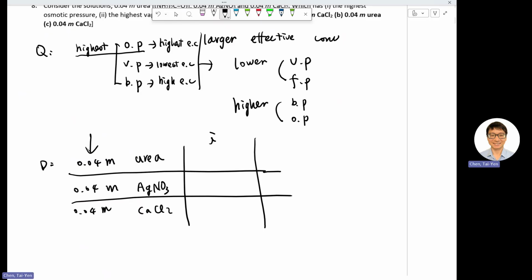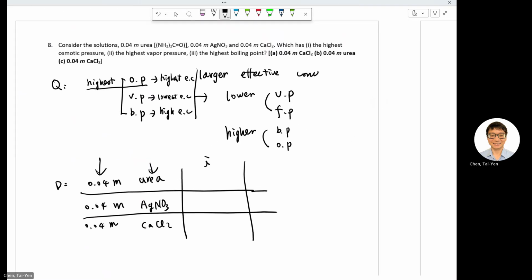The feature of an electrolyte is it will always contain a metal and an anionic species. Okay, it's very clear. So what's urea? This is what it gives you, right? Do you see a metal in that chemical formula?